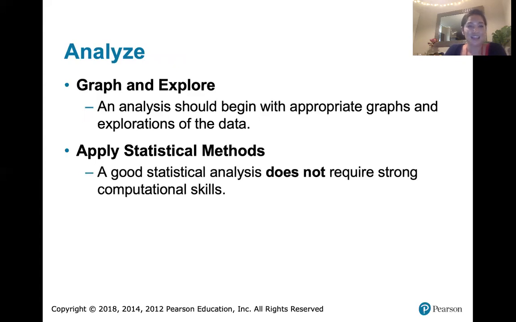And then we're going to apply appropriate statistical methods. Now, I will say, and this is something that the author of our textbook emphasizes a lot, this class is not about computation. It's really not about fluency with algebra. You don't even have to be that great at arithmetic. You really just need to know how to put your expressions in the right parentheses into your calculator and get an answer out that makes sense.